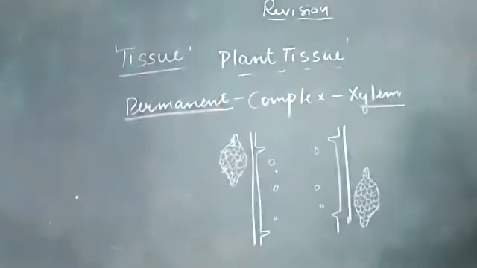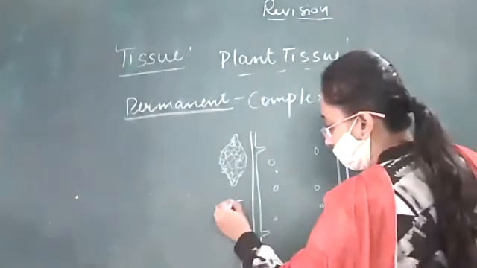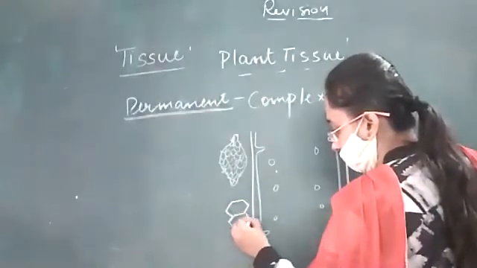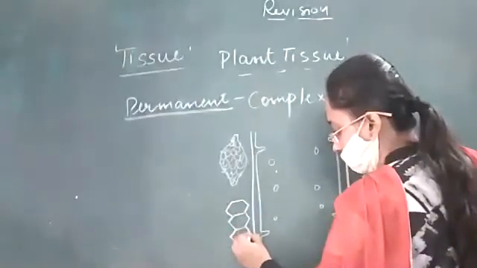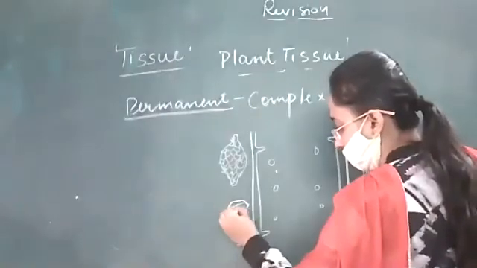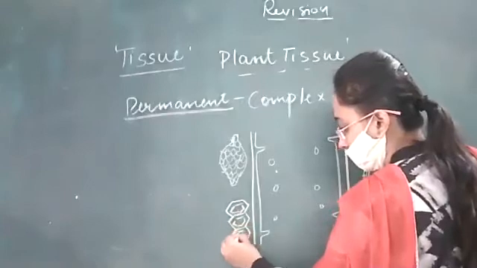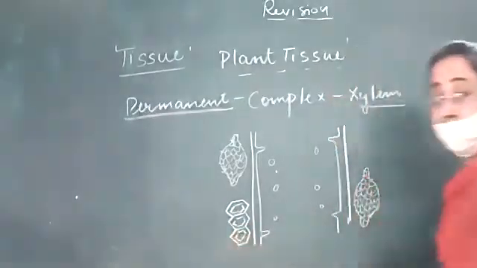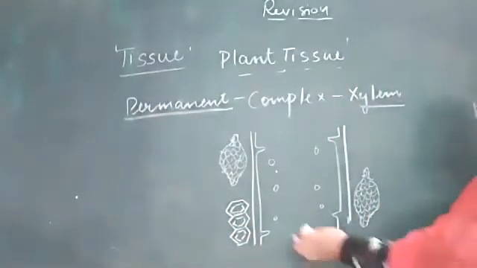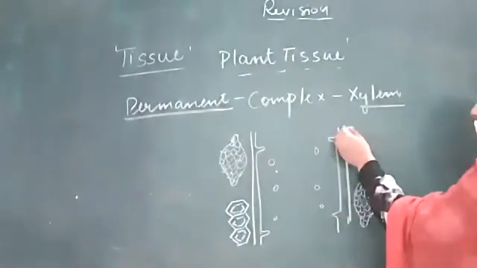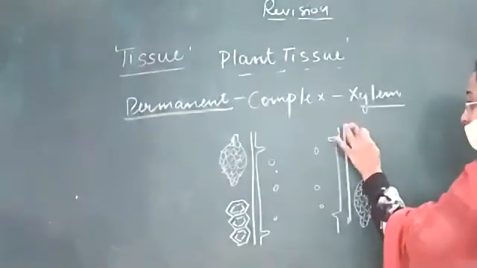See? Now let us draw the xylem fibers. These are the xylem fibers, to provide the mechanical strength. And here you can form the parenchyma tissue.